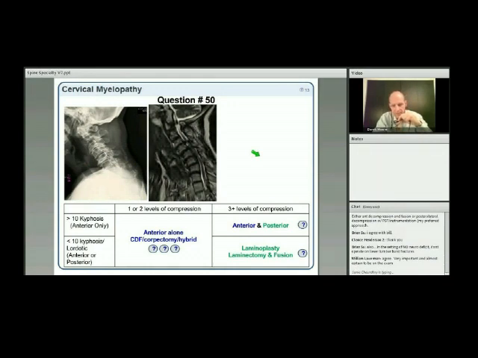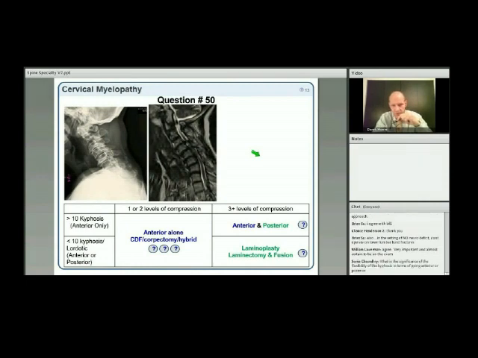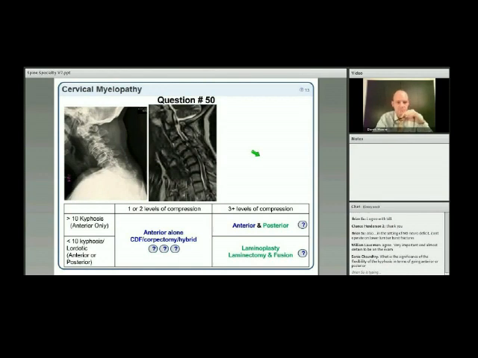Another answer is either going to be a posterior alone procedure, which would probably include a laminoplasty, or the last option that they're going to show is an anterior and posterior procedure. If you ever see laminectomy alone on this test, do not answer that. There's really no indications for a laminectomy alone, and the reason for that is the risk of post-laminectomy kyphosis.